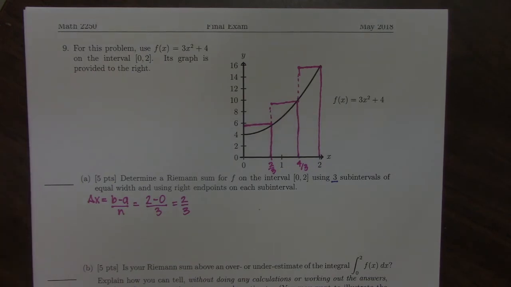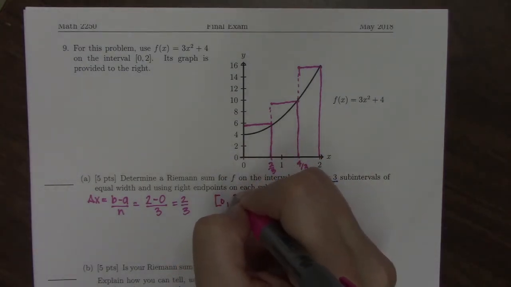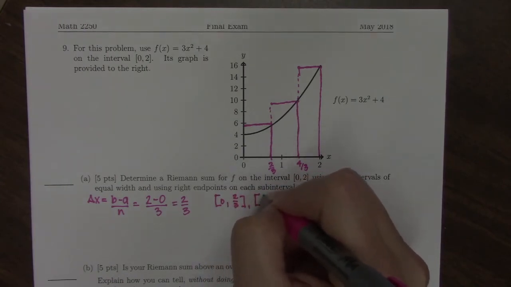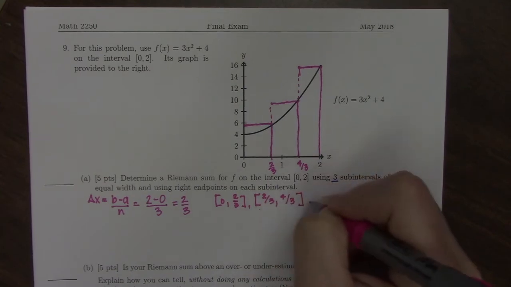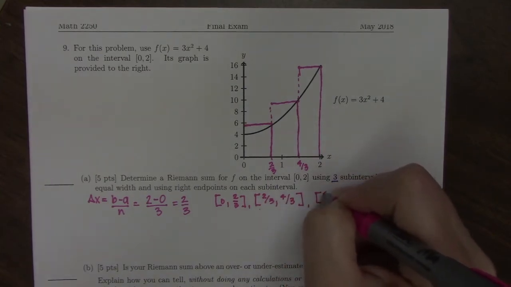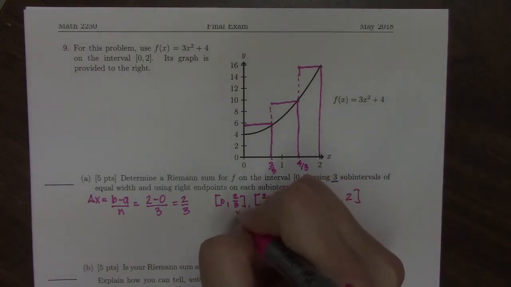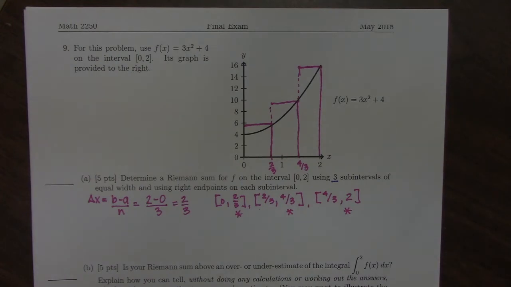Then it says, let's actually calculate this. My subintervals start and stop: 0 to 2/3, the next one picks up at 2/3 and goes to 4/3, and the last one picks up at 4/3 and goes to 2. Because I'm doing right endpoints, these are the values I want to plug into my function.